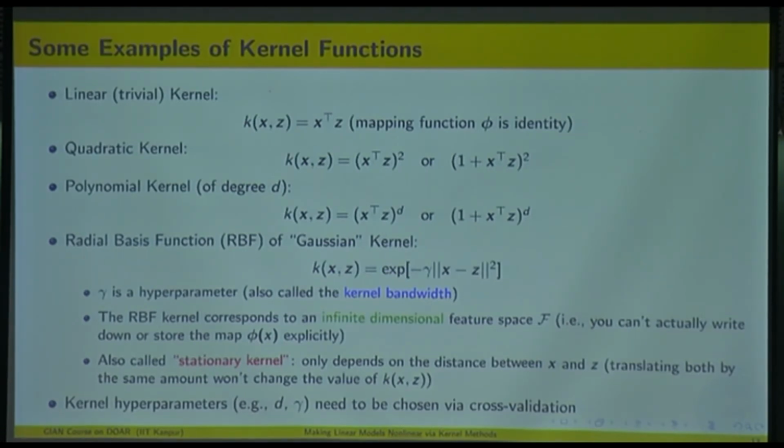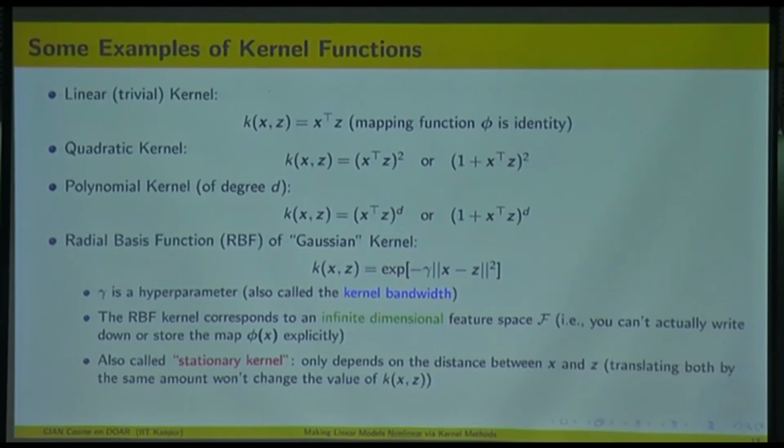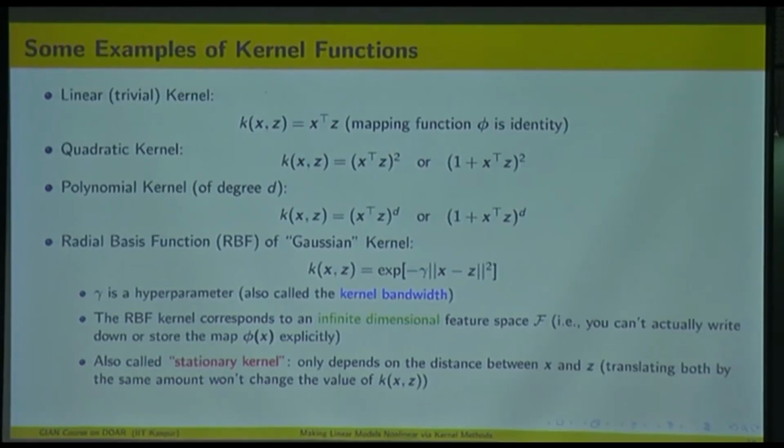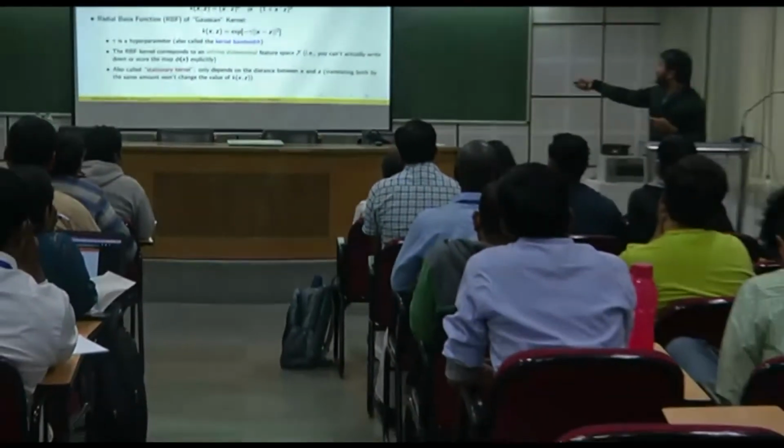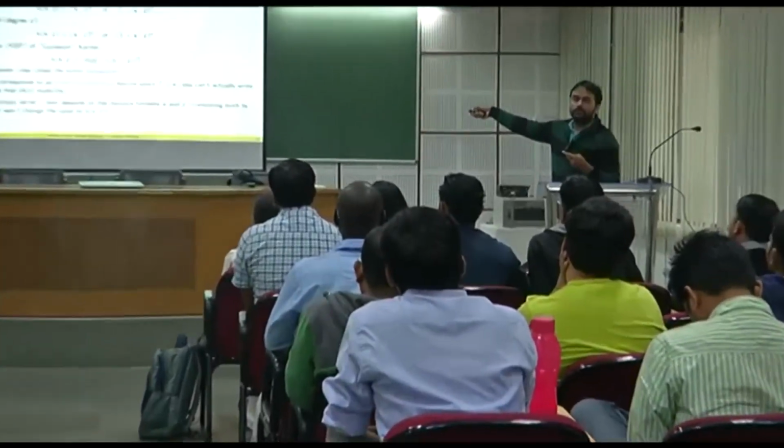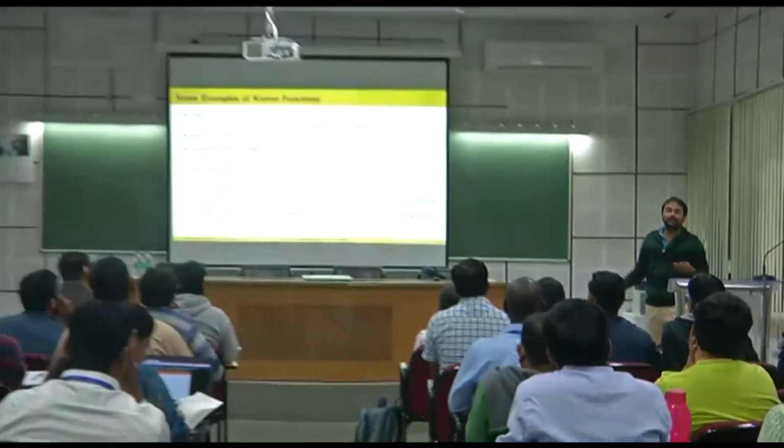Sorry? What does stationary kernel mean? A stationary kernel is like the distance. It only depends on the distance between the data points. So that's the stationarity property. This kernel is not stationary. So the quadratic or polynomial kernels are not stationary.